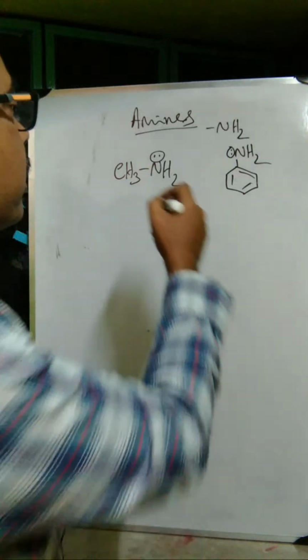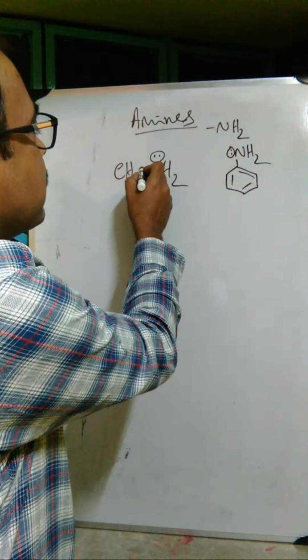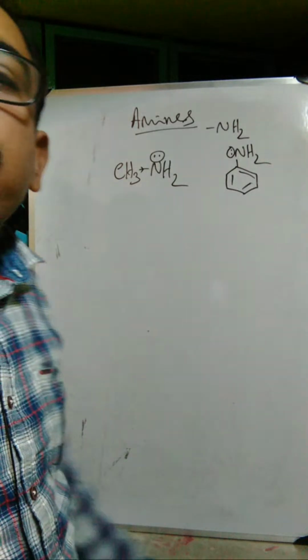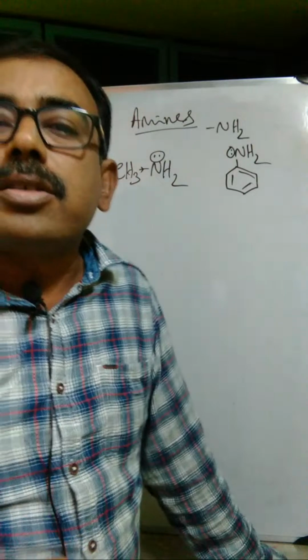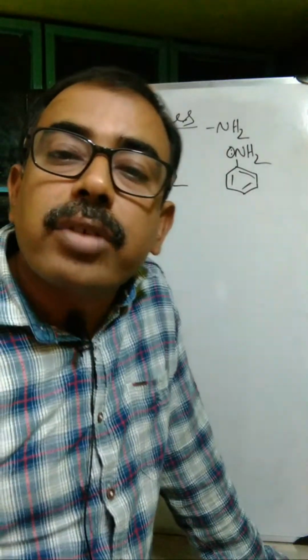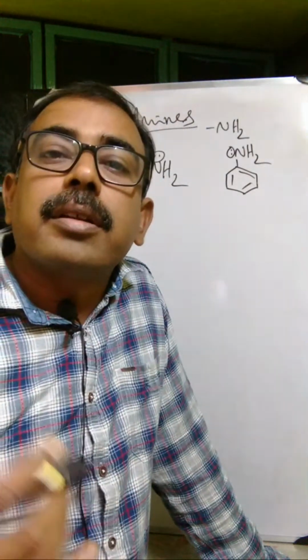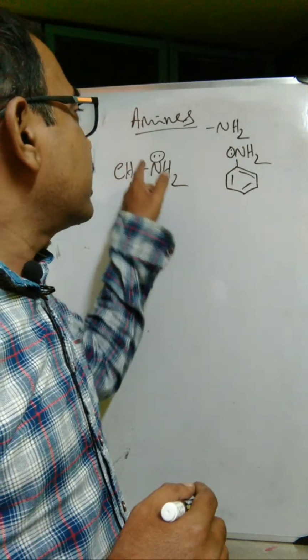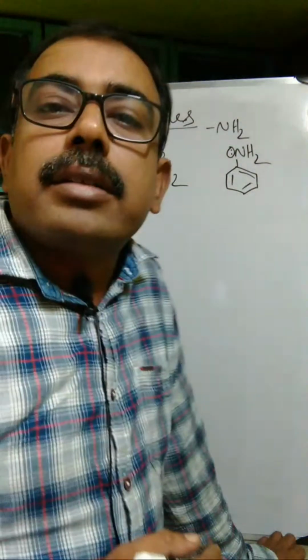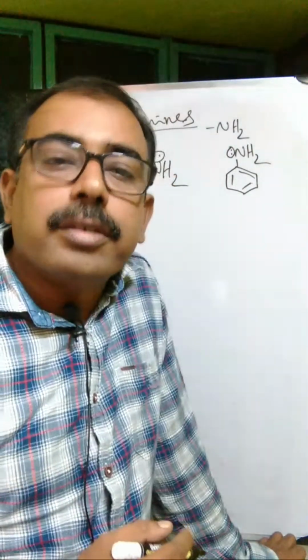So CH3, due to its plus I inductive effect, repels the bond pair electrons towards the N atom. That is why the N gets some excess electron density.